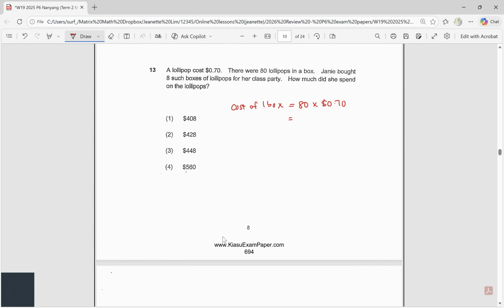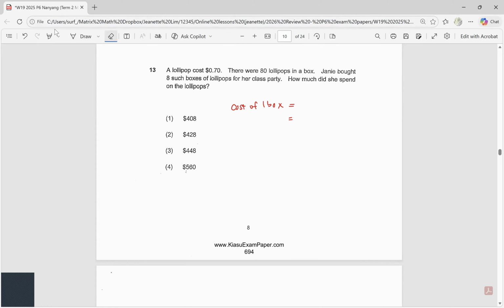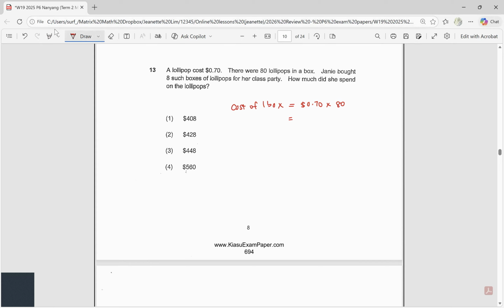So what you can do is, maybe let me just swap it around. 70 cents times 80 would be the same as 70 cents times 10 times 8. 70 cents times 10 is $7. 10 times 8, which is $56.